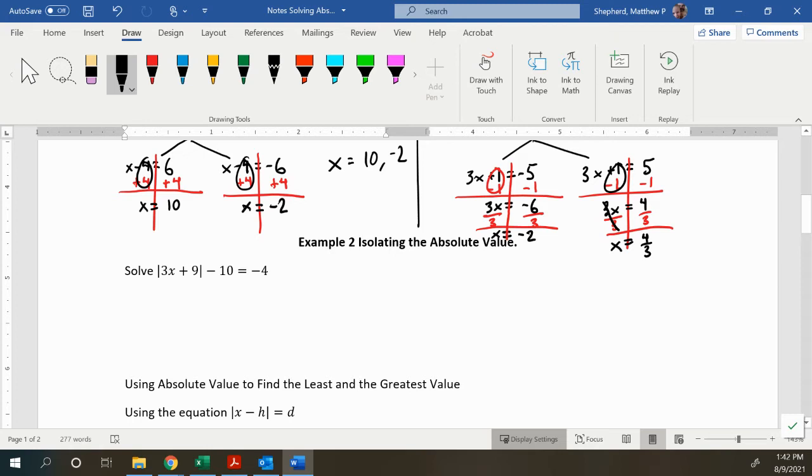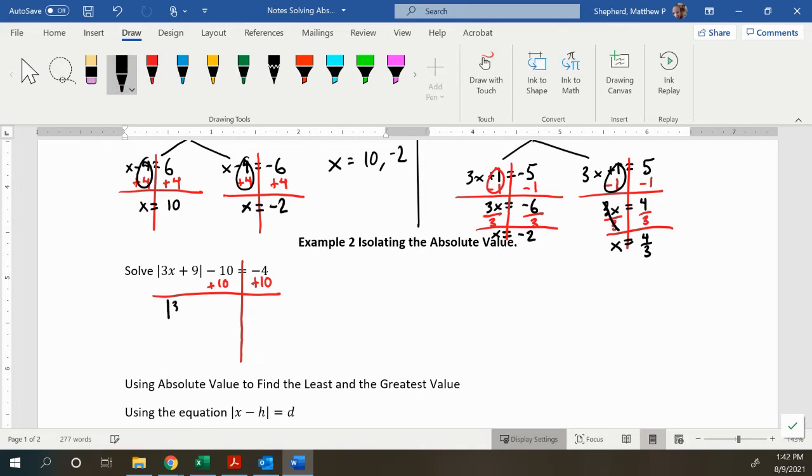In this next problem, notice what has made this one more difficult than the other ones, or looking different than the other ones. It's just that minus 10. That's really the only thing, is we've got this number outside of the absolute value, but that's still on the same side. So the way I'm going to fix this is I'm just going to add 10 so that now I don't have that number over there.